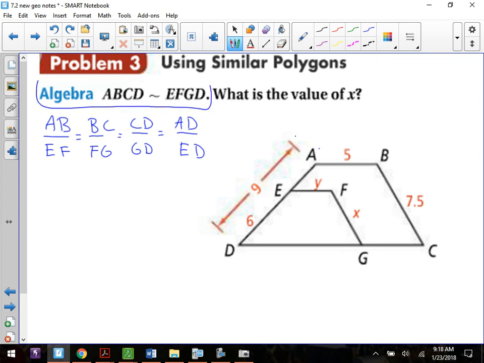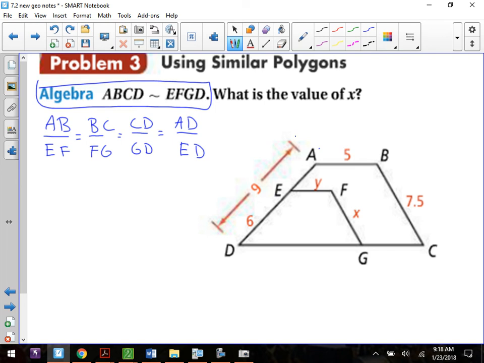By that being given to us, that means that has to happen, because they're telling you, there's your similarity statement, write your fractions. From there, we just start filling in the blanks. So according to my diagram, what's AB? 5, good.